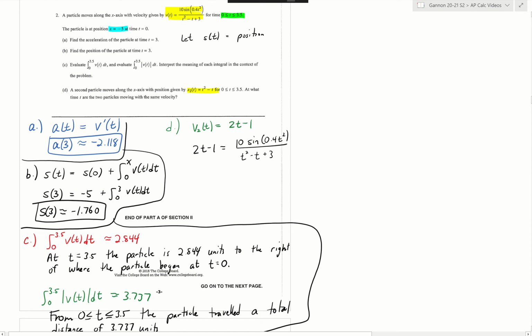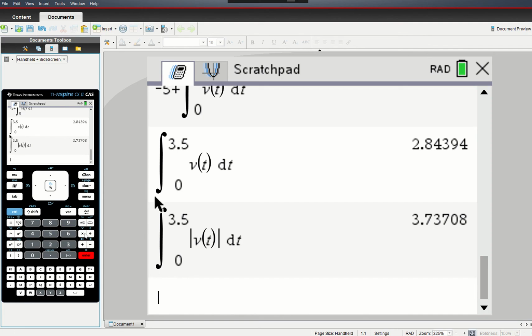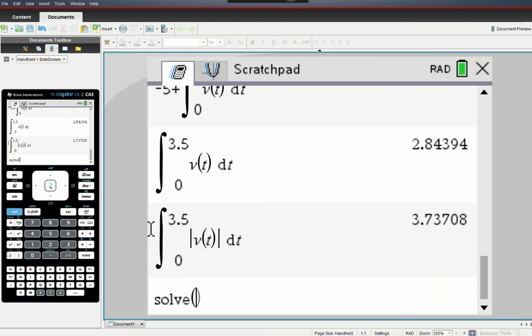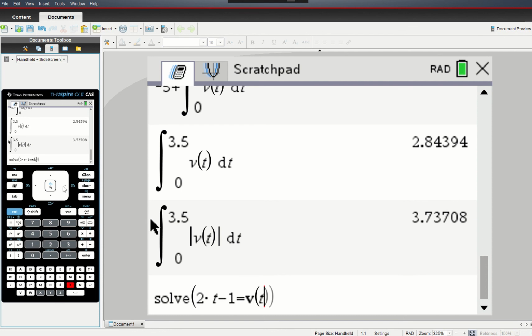So we're going to set those equal and solve. So if we go to our calculator, we want to do algebra, we can solve, and we should be able to just kind of type in 2 times t minus 1 equals v of t, because we had already stored that. All right, and we're solving that with respect to the variable t.